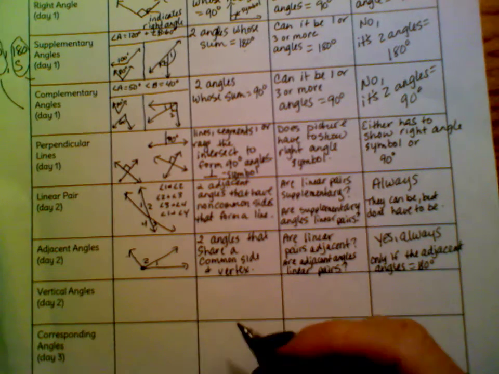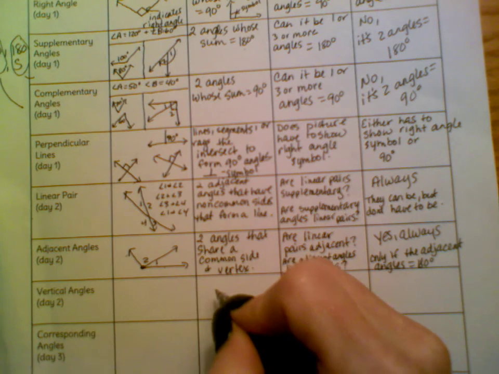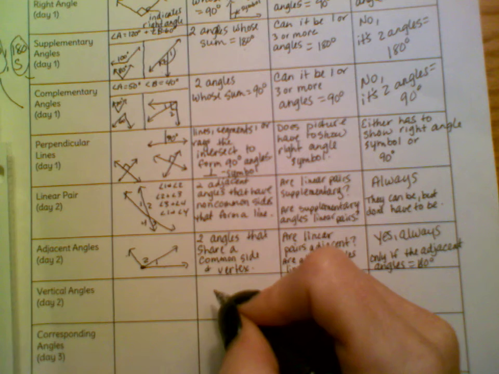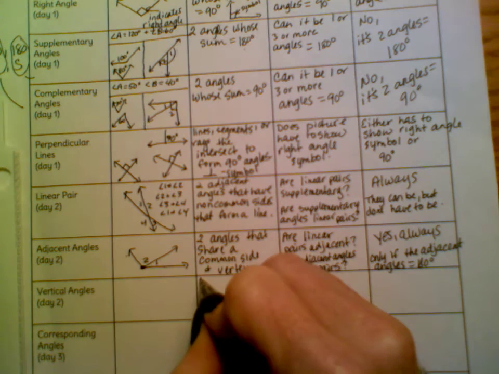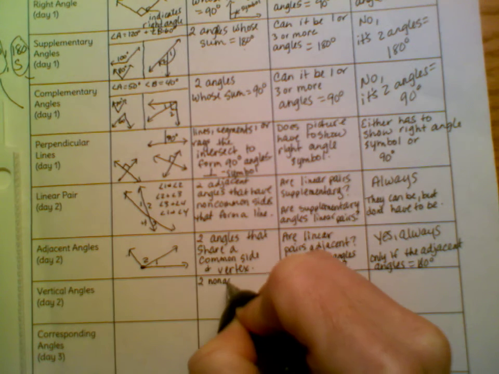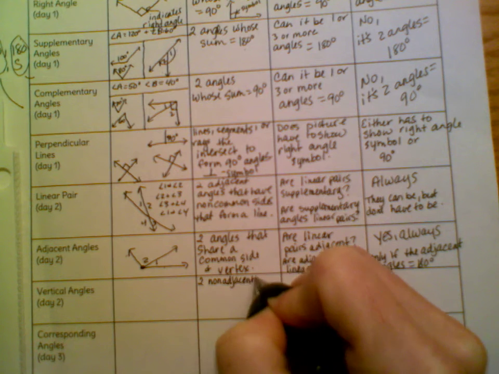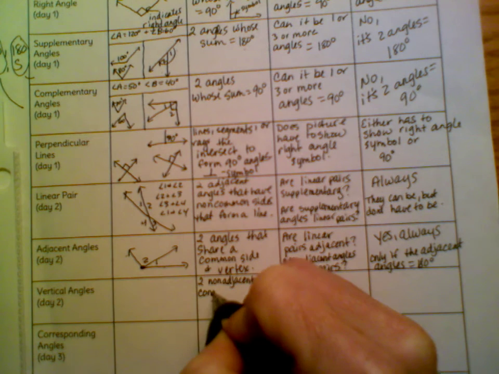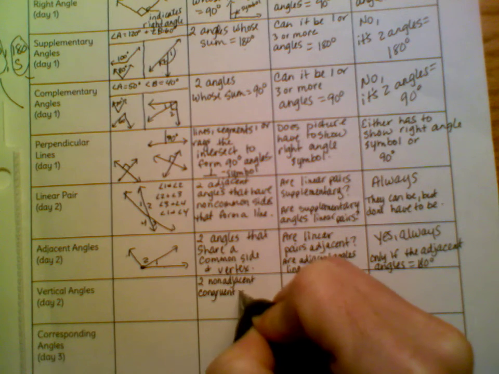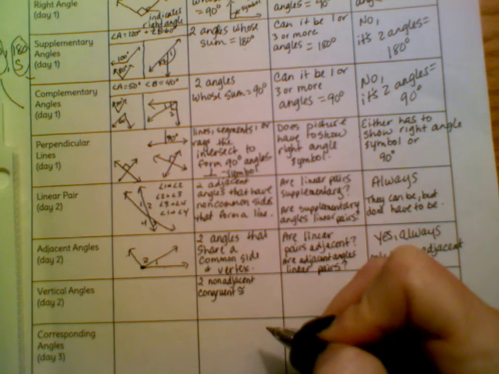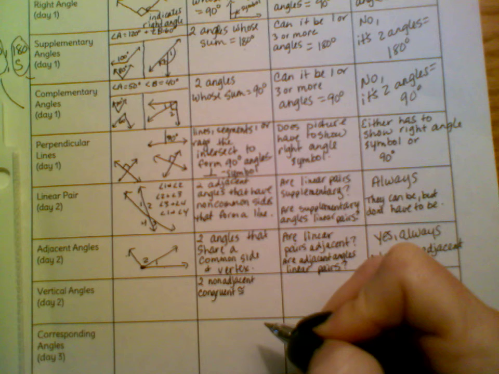Okay, the last one is vertical angles. And this is two non-adjacent congruent angles. Congruent, I'm going to just refresh our memory, is the equal sign with the little squiggly above it.